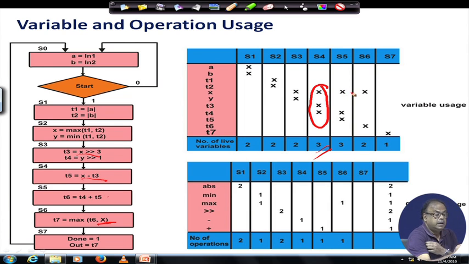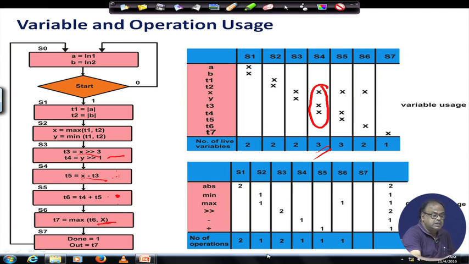And what about T4? T4 was born just after this, so T4 is live here and is being used here. Therefore, it must be live for all these states. In that way, we make the liveness matrix.